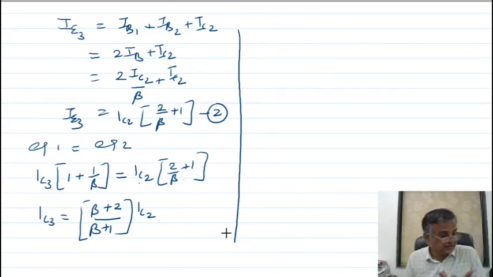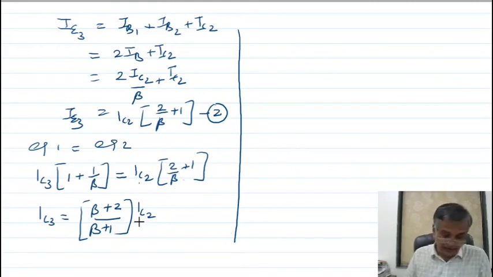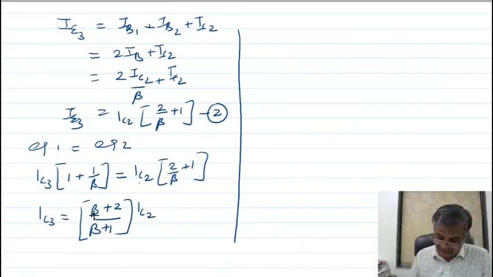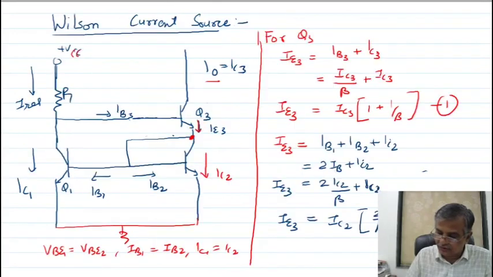Okay, this is IC3. Carefully look here at what you have written: I0.